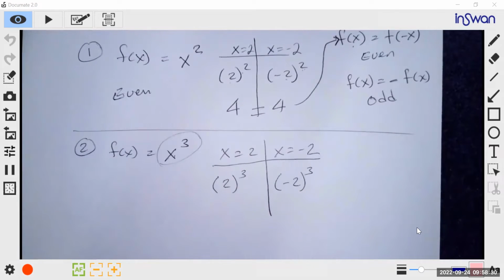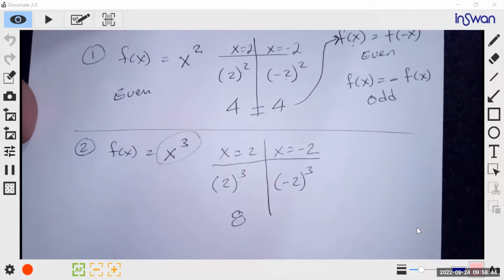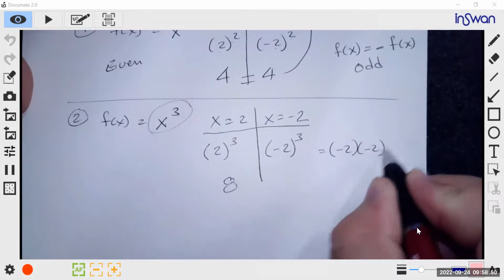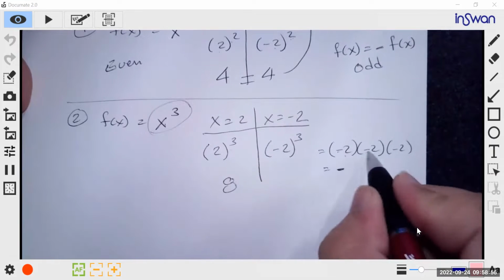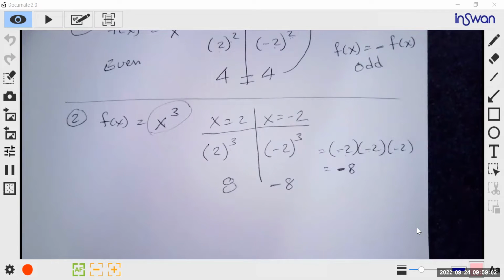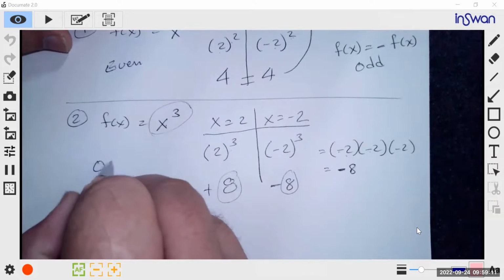And just plug it in place of x inside the function. 2 cubed, 2 times 2 times 2 is 8. -2 cubed: since I have an odd number of negatives, it's negative. The answer is -8. So what does that tell us? It's odd because I have the same number. They're both eights. One's positive, one's negative, so it's odd.